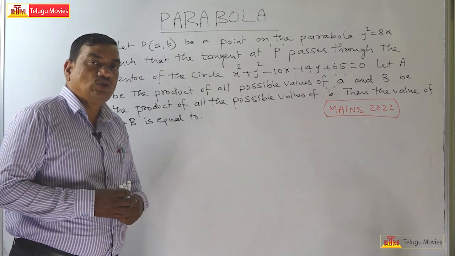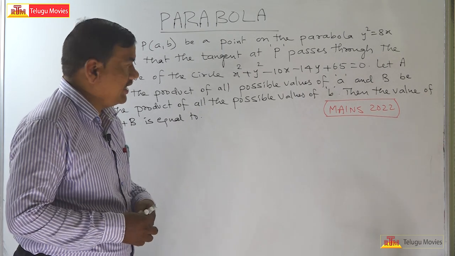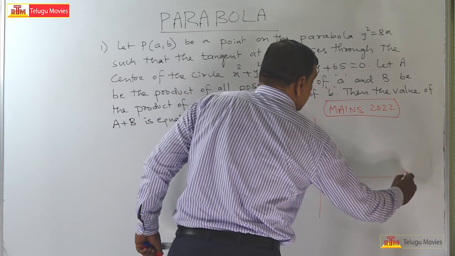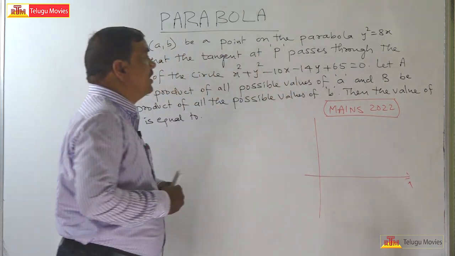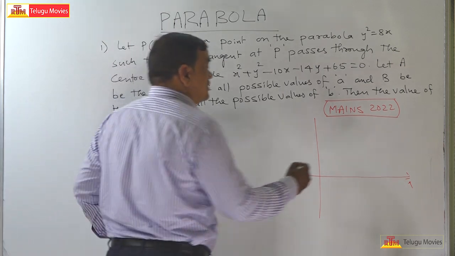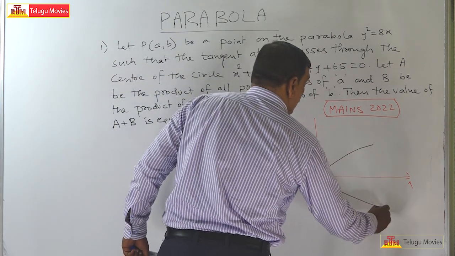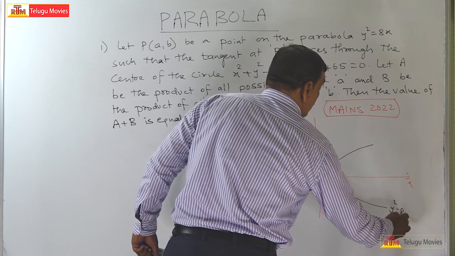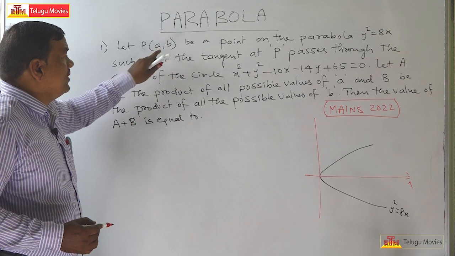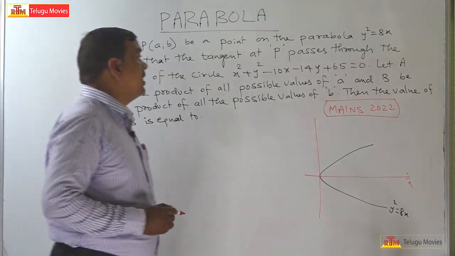So let us draw a small diagram for this data. Here is the y axis and here is the x axis. There is a parabola y square is equal to 8x. We know this parabola. There is a point P(a, b) on the parabola.